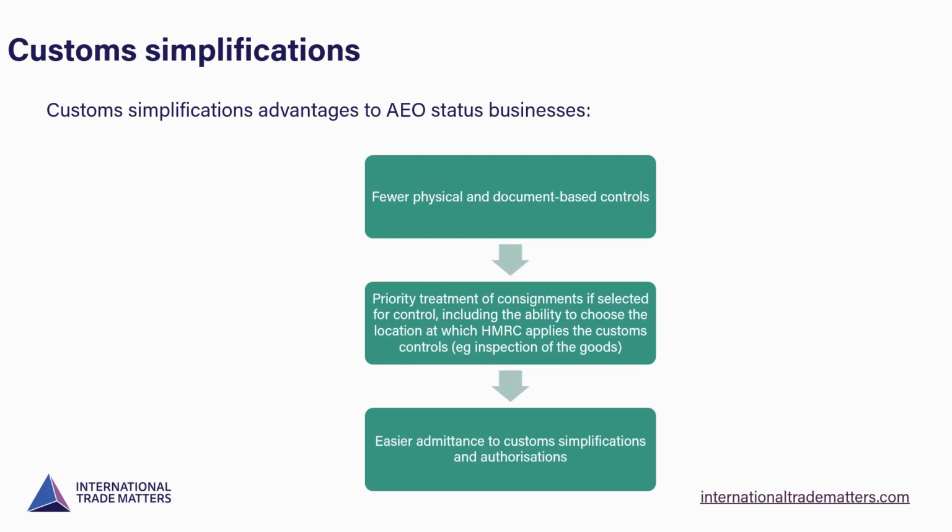The priority treatment of consignments if selected for controls, including the ability to choose the location at which HMRC applies the customs controls, i.e. where can they inspect your goods. Now, as you are well aware, with the congestion at UK road ports, Dover and Felixstowe, etc., we see it in the newspapers all the time.